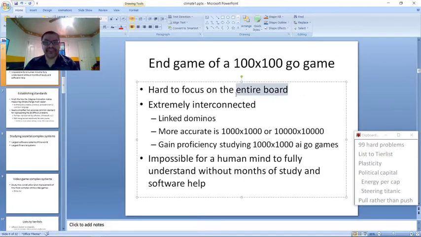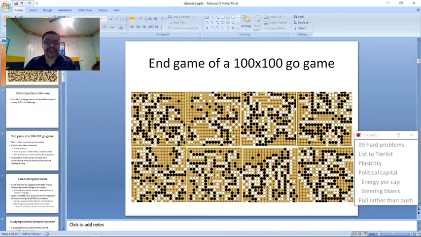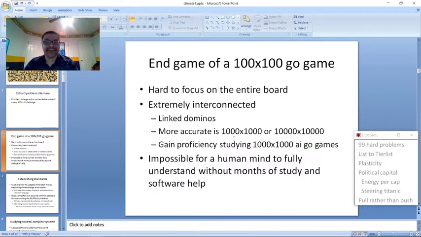It's hard to focus on the entire board. Everything is interconnected. More accurately, it's not a 100 by 100 Go game, but more like a 1,000 by 1,000 or 10,000 by 10,000. It's impossible for the human mind to fully understand without months of studying.